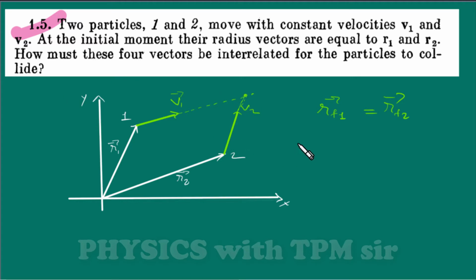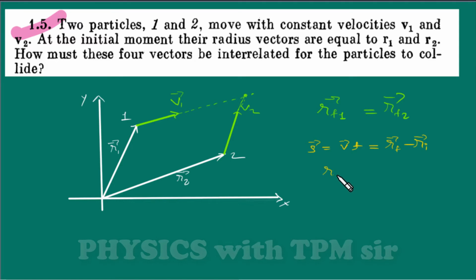So now let's solve this. We know one thing, displacement is equal to velocity into time, right? Displacement is also equal to final position minus initial position.